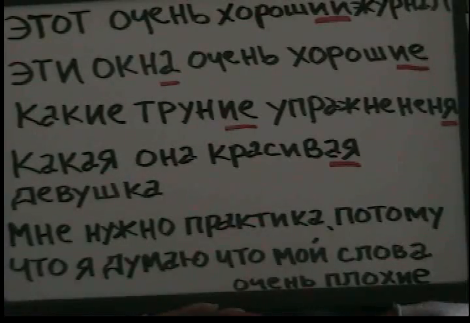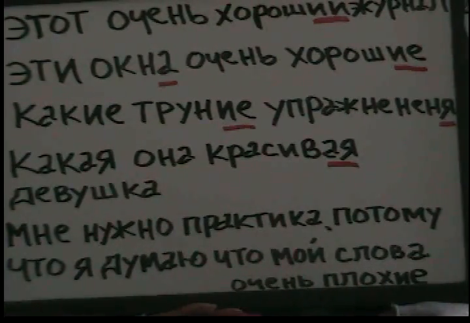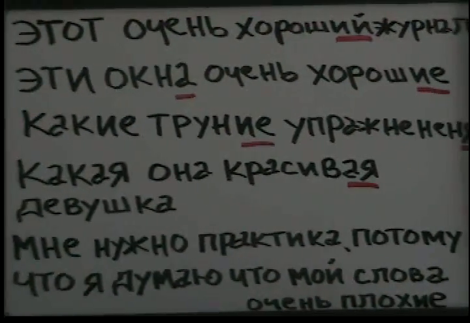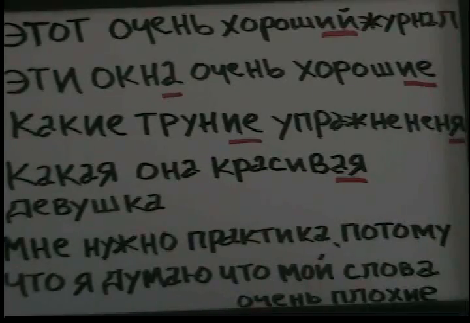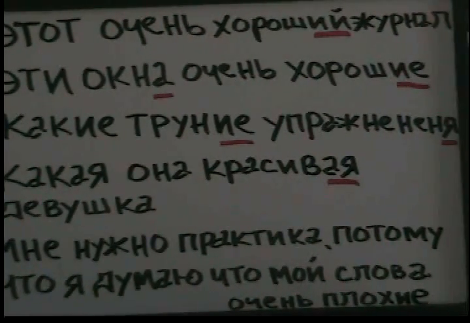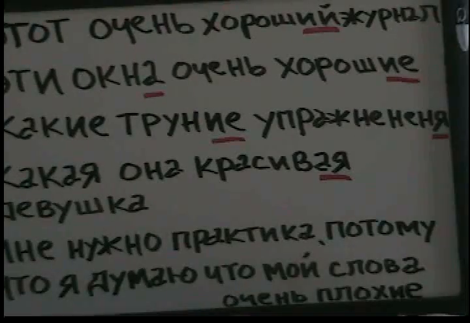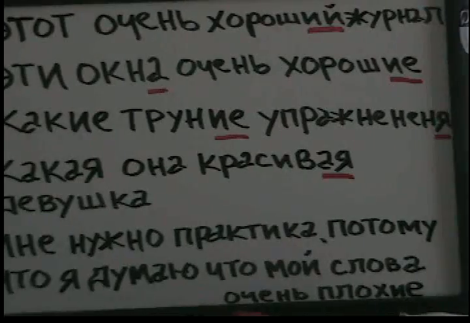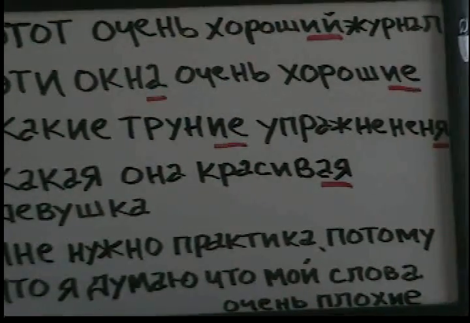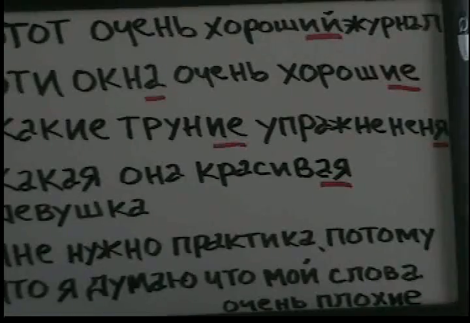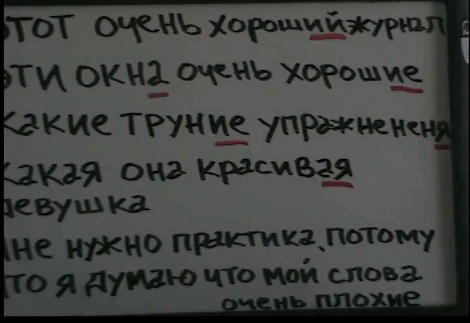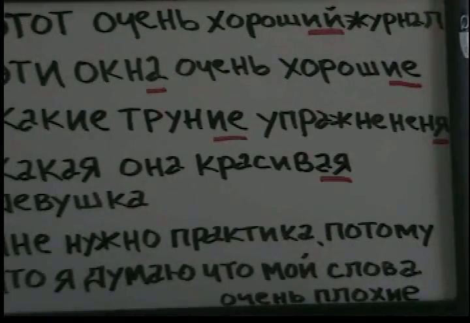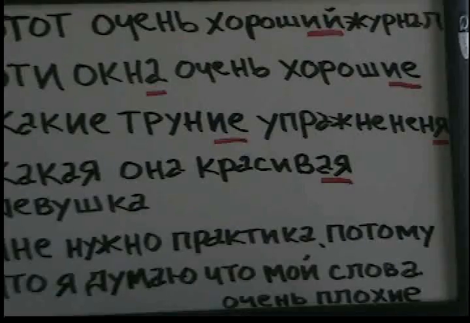So kakie, this is our exclamation here. So how, or what, how. Trudnie from trudna, which means difficult, and upražnenija from upražnenije, exercises. So upražnenija, that's exercises there because we dropped the e and added the ya.